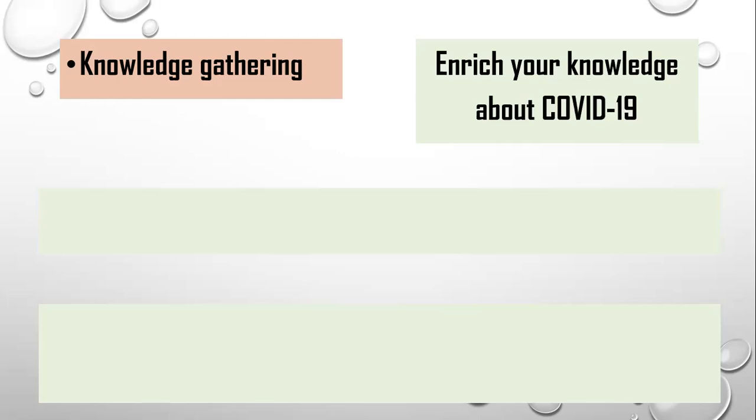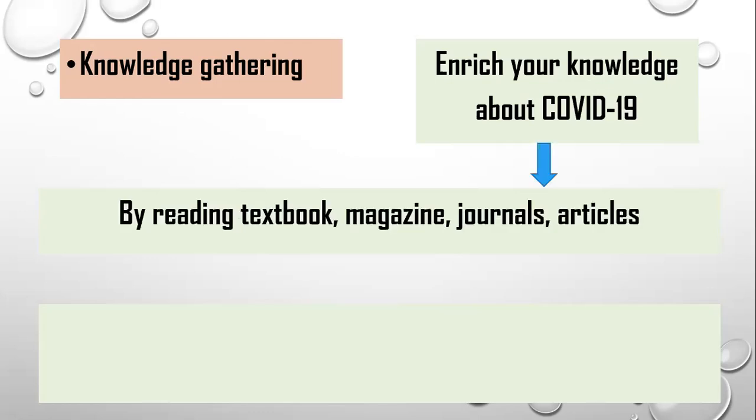Knowledge gathering, sometimes also called the literature review, is another important step for research. When the researcher has decided their problem area, then he or she must enrich their knowledge regarding that issue. If it is COVID-19, definitely the researcher must enrich their knowledge with updated information on COVID-19.